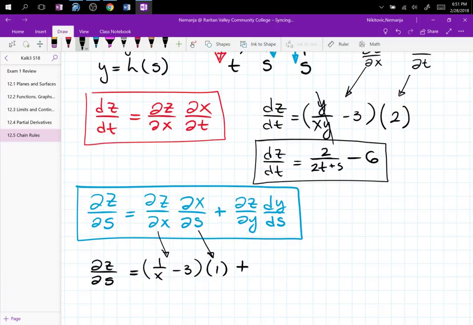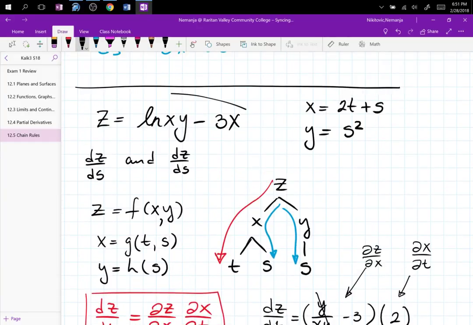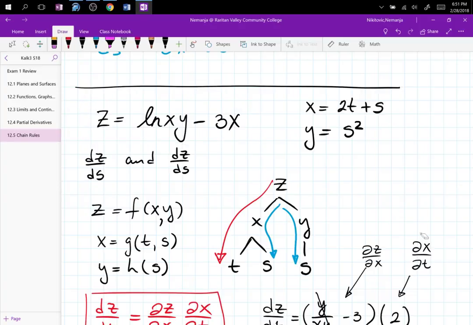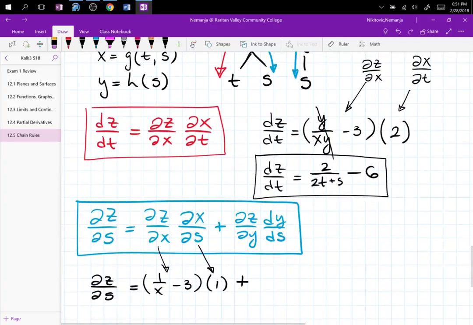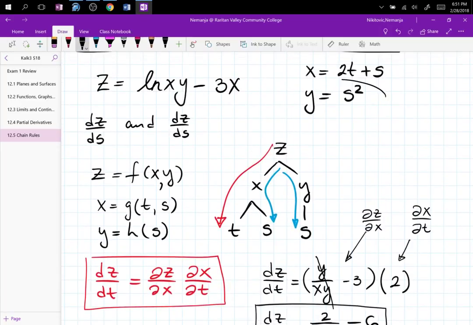Plus partial z, partial y. This is the formula that connects z and y. And when you do partial in respect to y, you will get x over xy, so it's just 1 over y. The minus 3 dies because there's no y there. So this becomes 1 over y only. And then times the derivative of the formula that connects y and s, which is this one, and straightforward calculus 1, the derivative of that is just 2s.